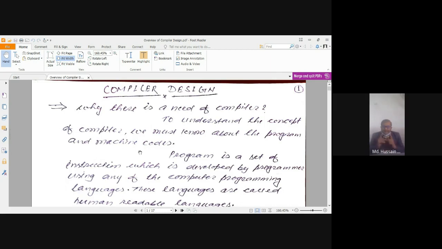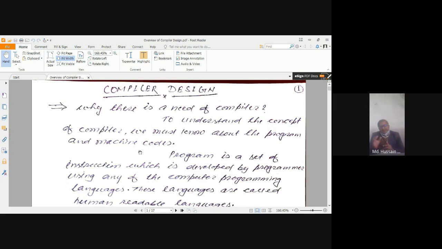This importance can be discussed with respect to 2 points. One point is, since the subject is in your course curriculum, you have to study and you have to pass. So first aspect is this.